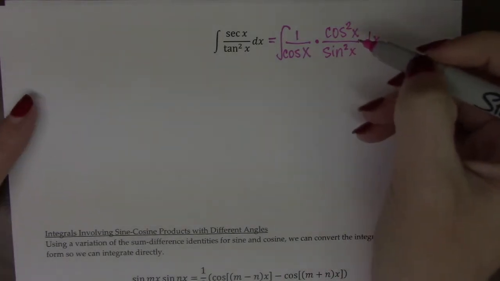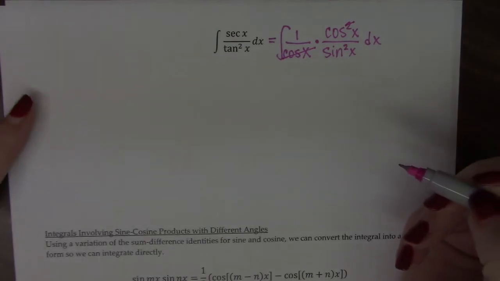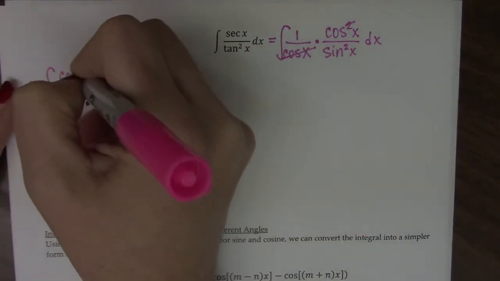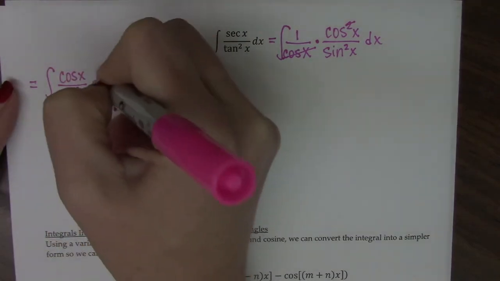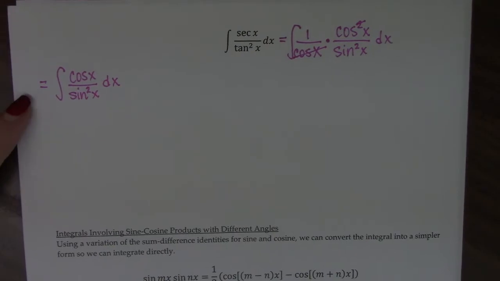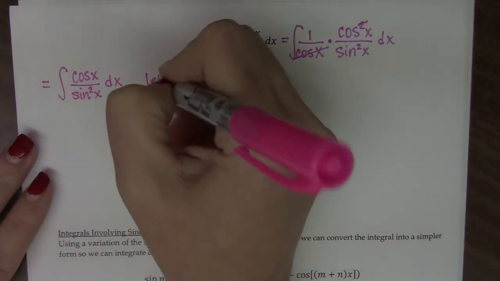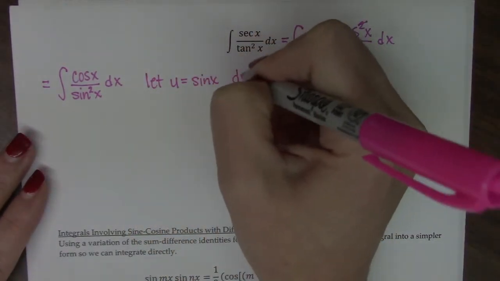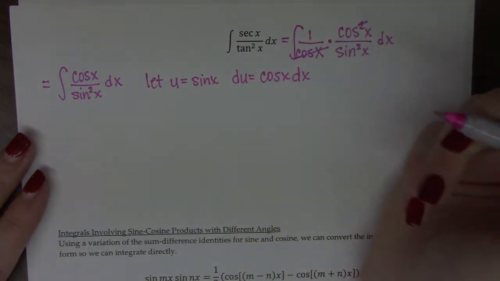So now I can simplify this down. I can cancel a cosine out of the denominator with one of my cosines in the numerator. And now I need to integrate cosine x over sine squared x dx. So this is actually a u substitution problem. If we let u be sine of x, well then our du is cosine x dx.